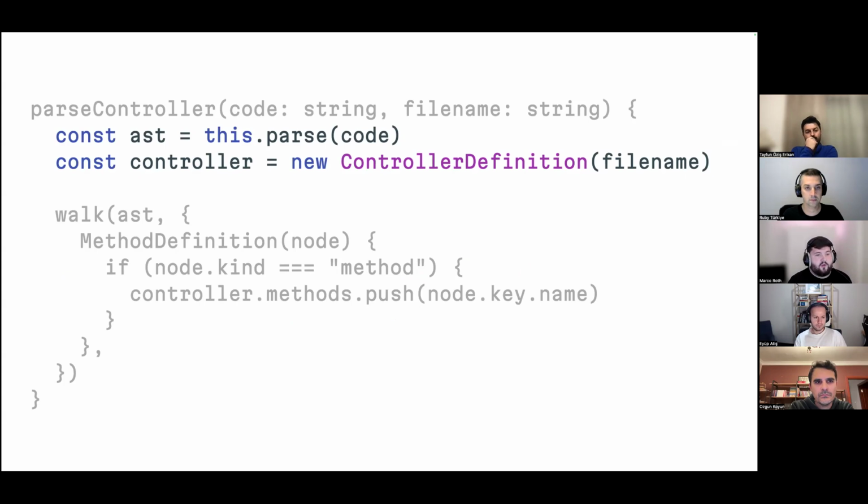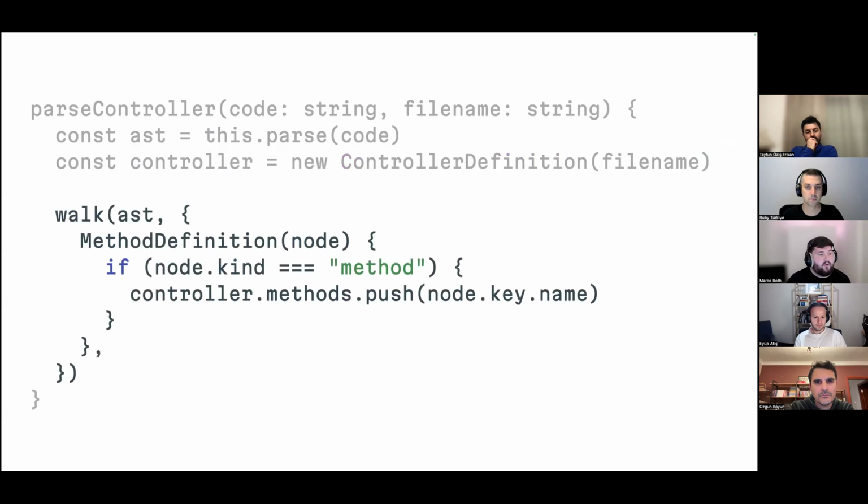We instantiate a new control definition class, which we defined earlier. And now we traverse this abstract syntax tree and look for method definitions. Whenever we find one, we take the name of it and push it into our methods array so we know which methods this controller defines. And with that, we have the basic parser for parsing out all the method names our controller exposes.